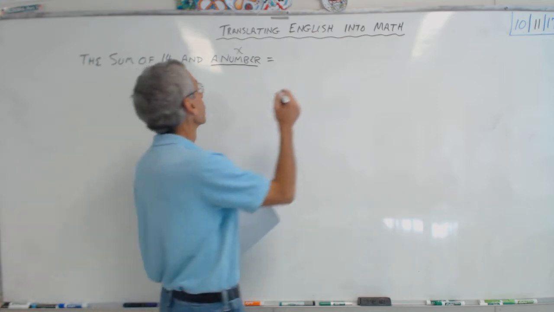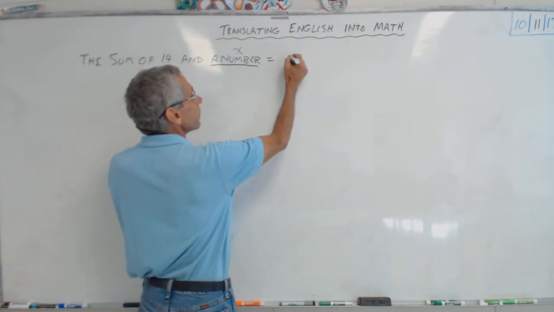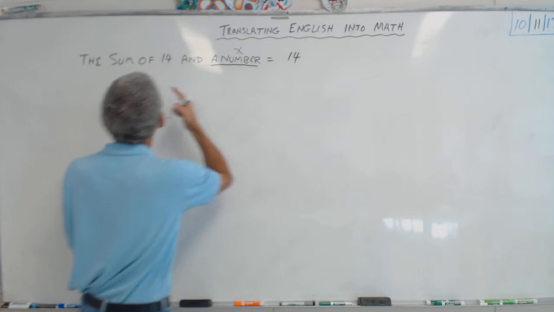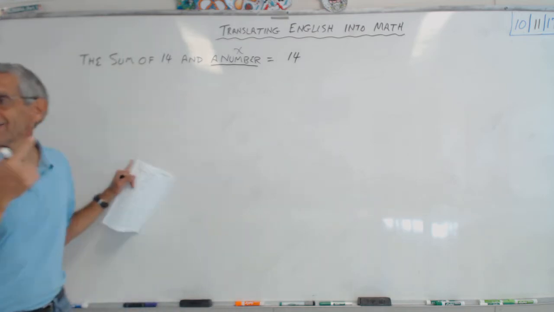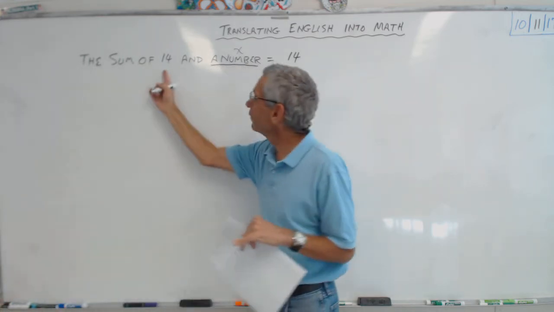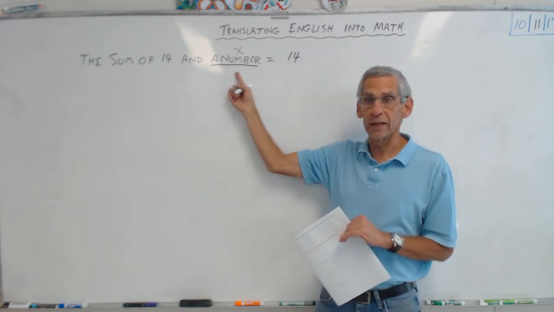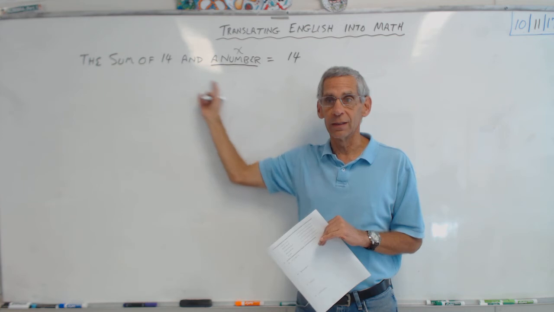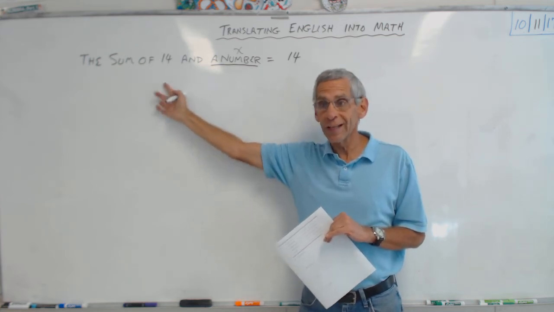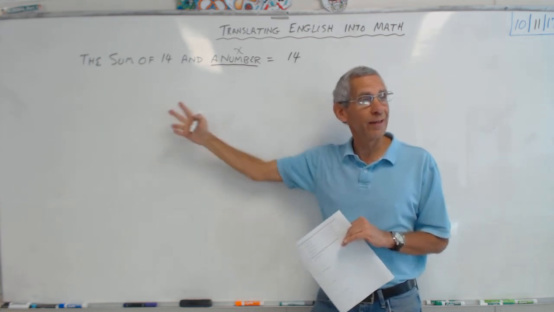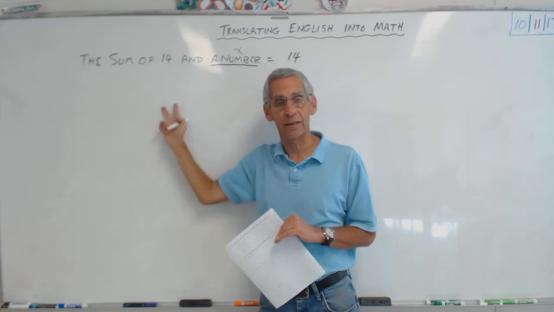Dots? Yeah, okay, good. All right, so the sum of 14 and a number, so it would be 14. Notice when I see the sum of 14 and a number, I have to put the first number first and the second number second. I don't want to say x plus 14, even though that's the same thing, because I'm trying to translate this exactly.